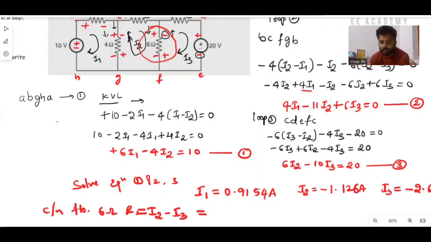That is I2 is minus 1.126, I3 is minus of minus 2.676.